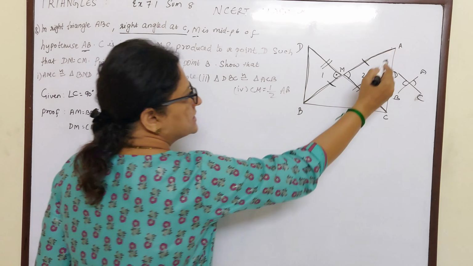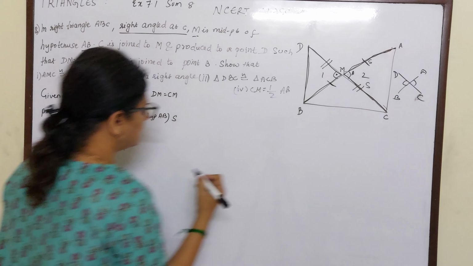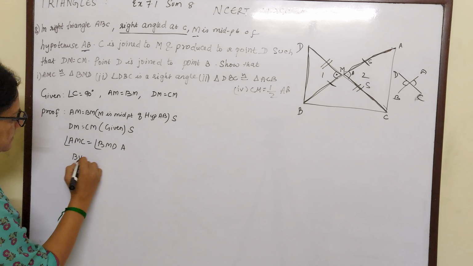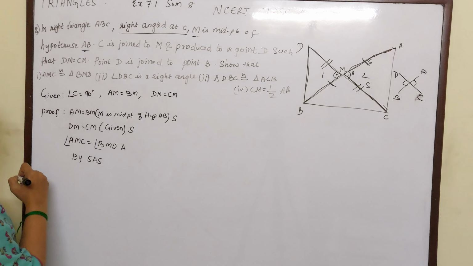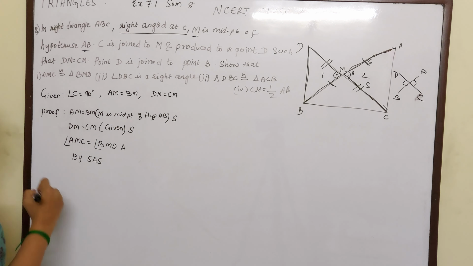Let us look at the pattern. This comes as side, angle, side. So we can say by side angle side congruence, triangle AMC is congruent to triangle BMD. This is your first point.